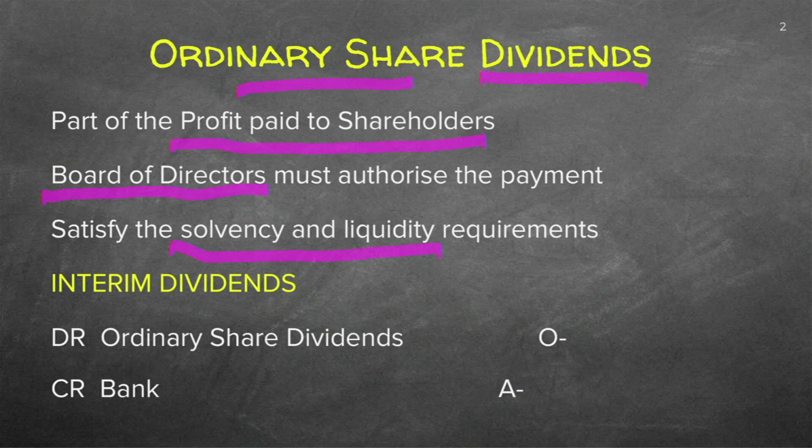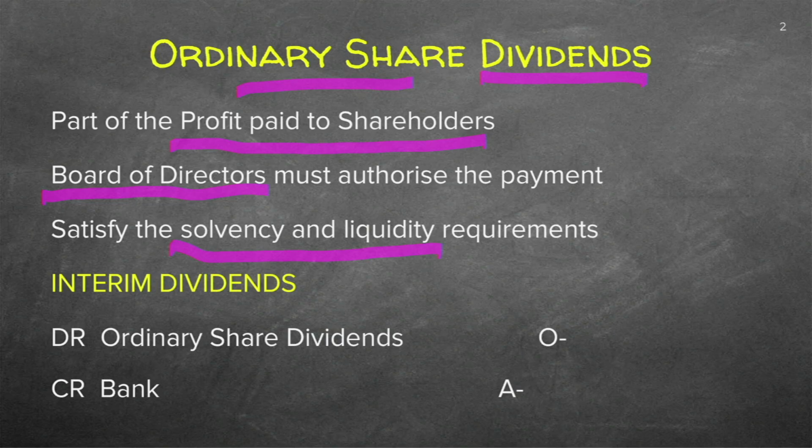Now, solvency and liquidity go back to grade 10 and 11 ratios or analysis of financial statements. So solvency simply means that we have more assets than we have liabilities. And liquidity is, do we have more current assets than current liabilities?